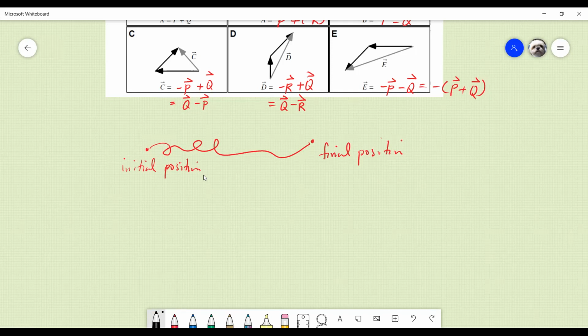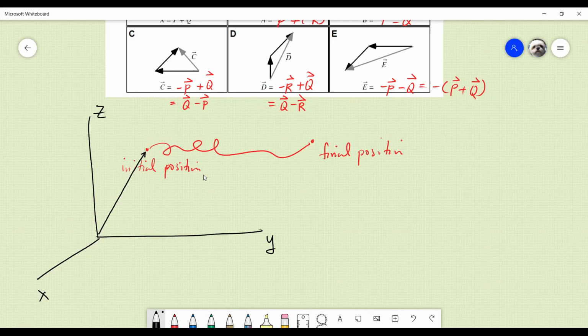Hello? Yes. Now, let's say that they are represented by the Cartesian coordinates. Let's say that for the initial point, you can draw an initial position vector here. I'm going to call it R0.